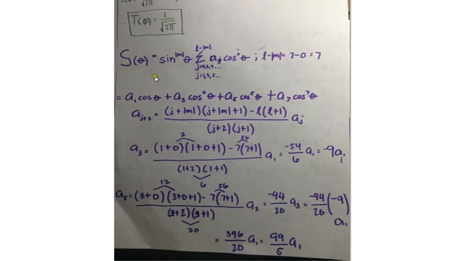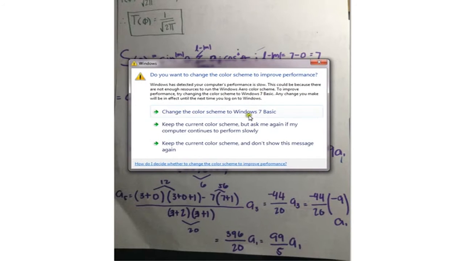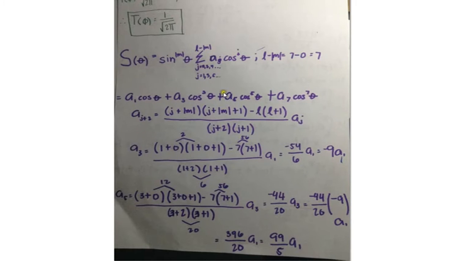So we have the equation for S, which is equal to sine raised to the absolute value of m theta, multiplied by the summation of a_j cosine j theta, from j is equal to 0 or j is equal to 1 depending on the value of l minus the absolute value of m.